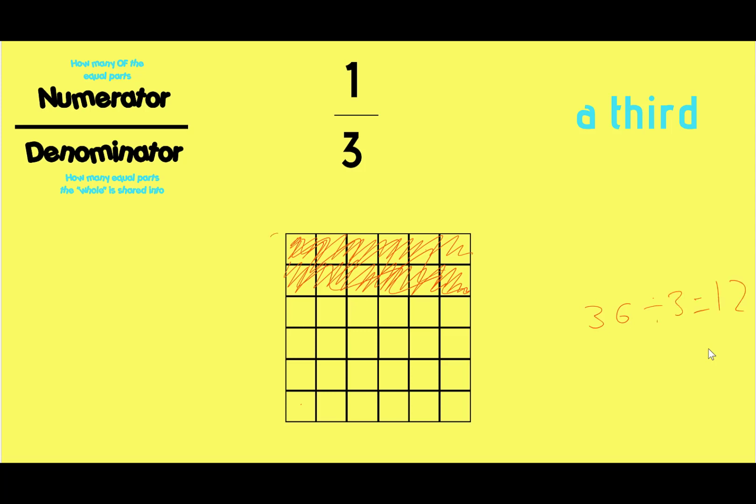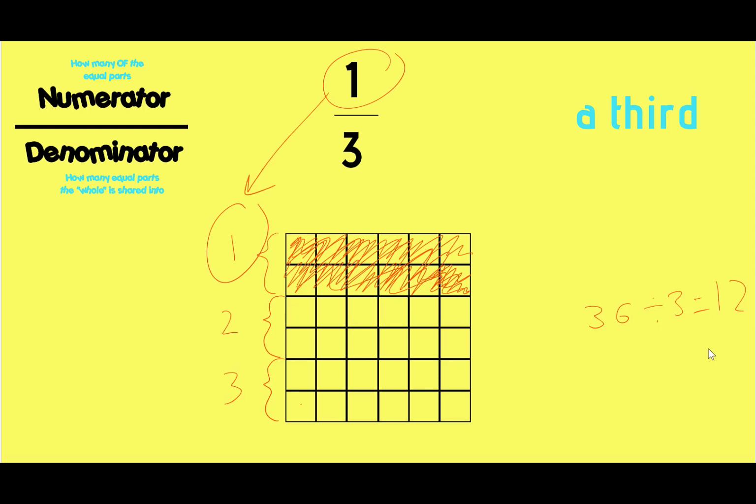So I know that's 1 group, and actually I can see now if I look at the image that I've got 2 rows in group 1, 2 rows in group 2, 2 rows in group 3. So I have separated that image into 3 groups, and I've shaded just one of the groups.